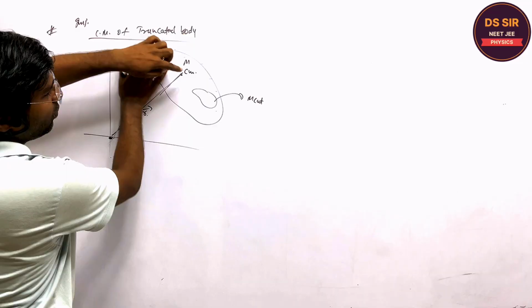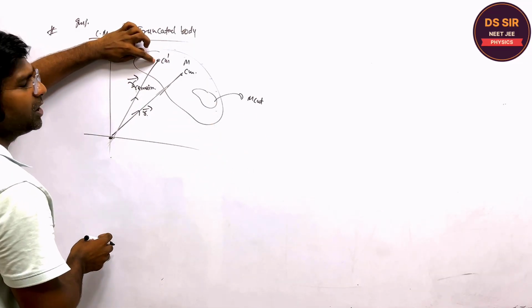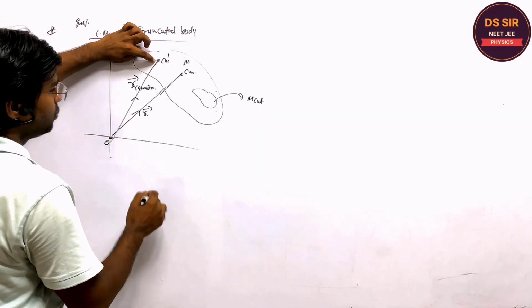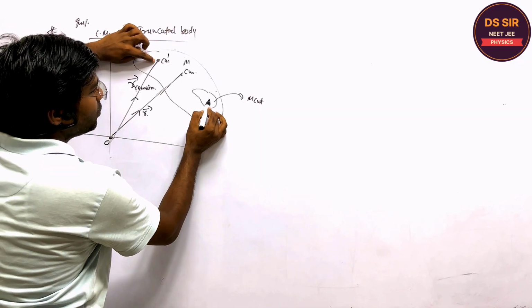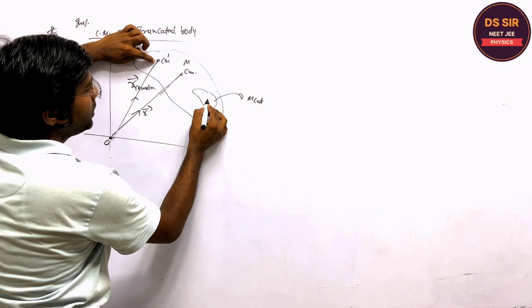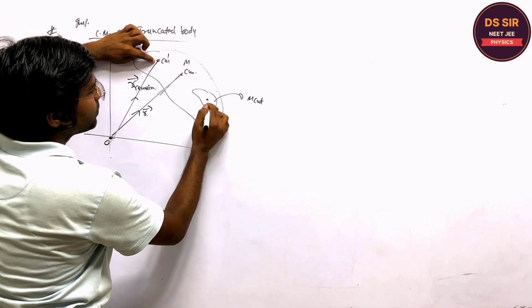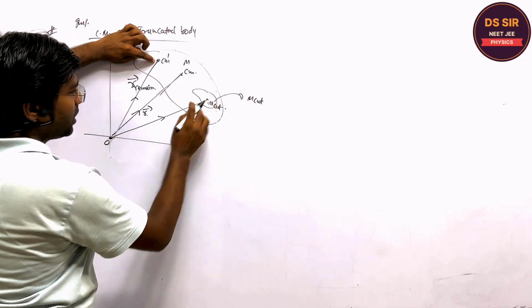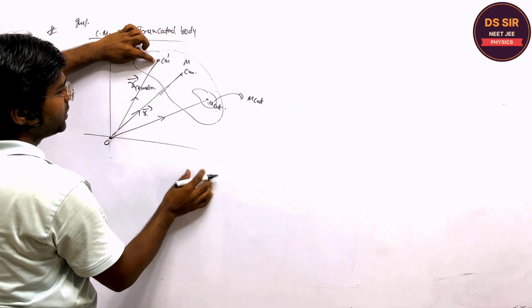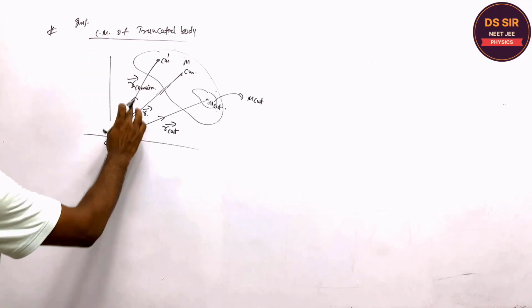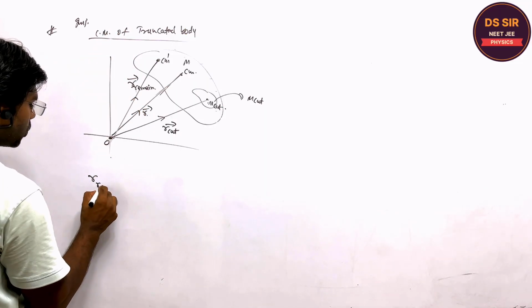Before it is cut, the center of mass position vector with respect to origin is this. Also, suppose this is the m cut value and this is the body which is cut out from this solid body. Its center of mass is m cut, and its position vector is r cut. Are you getting or not? So how to write the remaining portion?